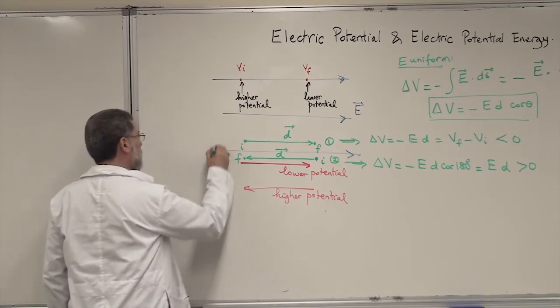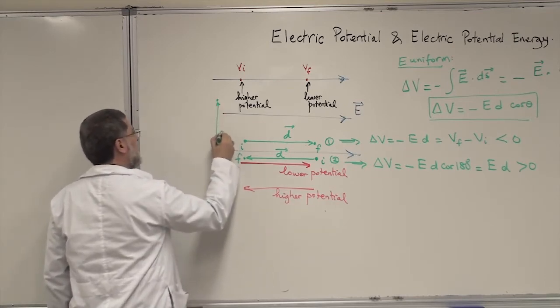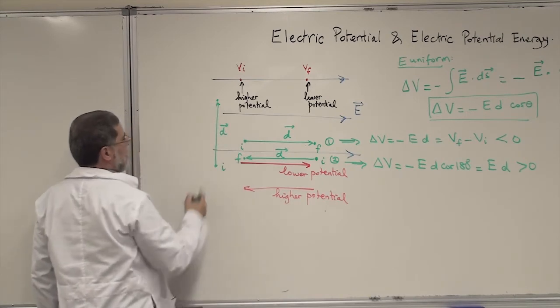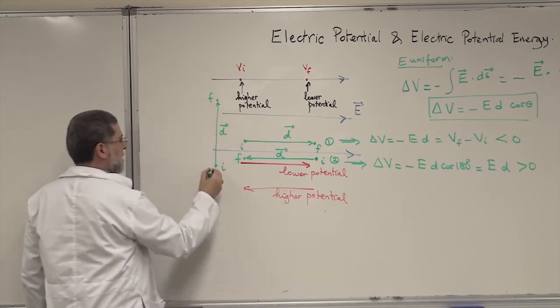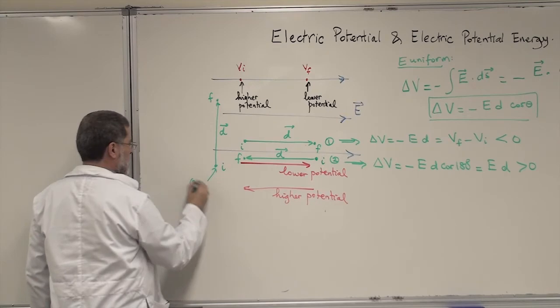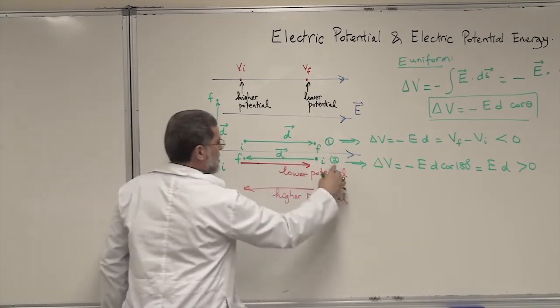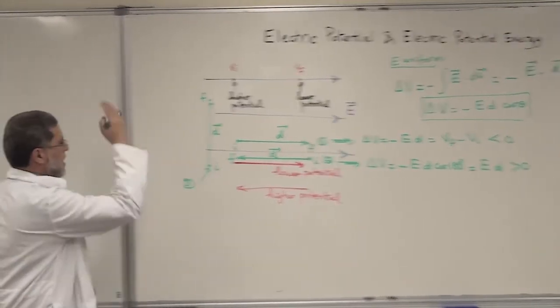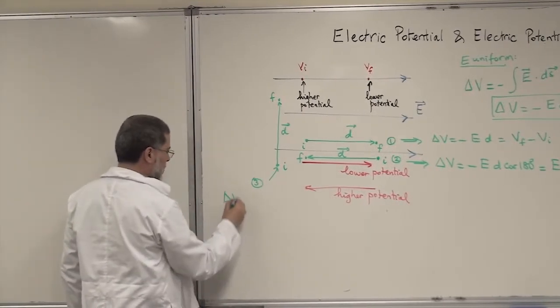Let's go now to case number 3. We go from this point to this point here. This is my d. I'm going from I to F. Case number 1 was here, case number 2 was here, and this is case number 3. How much is delta V in this case?